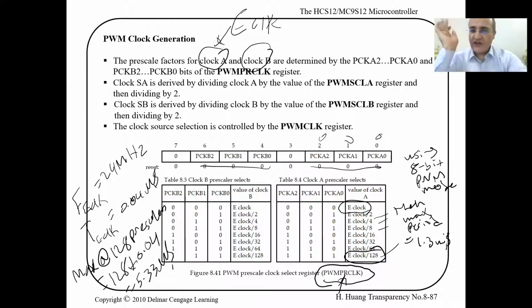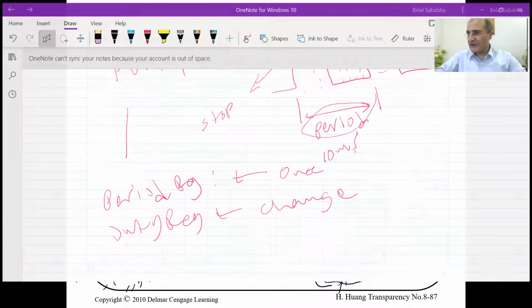So using the E clock prescaled by 128, the maximum period that you can generate is what?